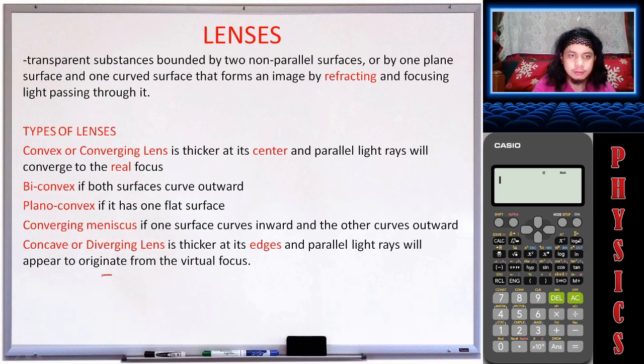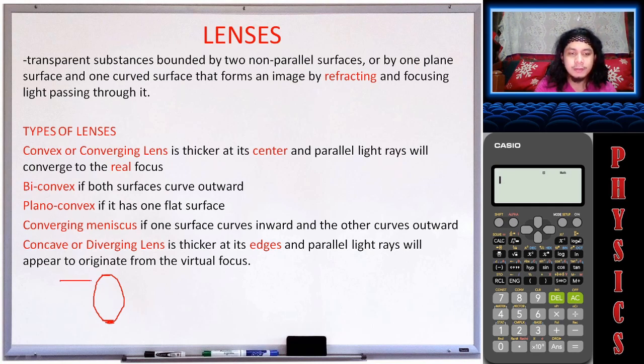So, this is a convex lens. Example, biconvex, if both surfaces curve outward. Ito, example ng biconvex kasi naka-curve palabas yung surface.